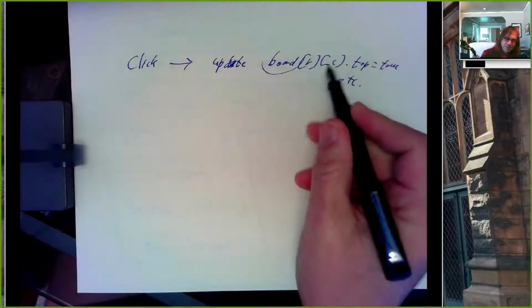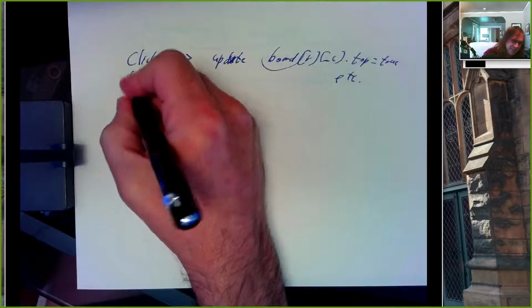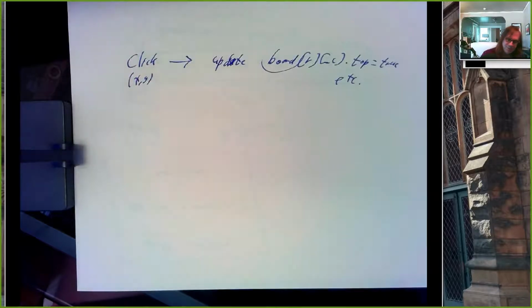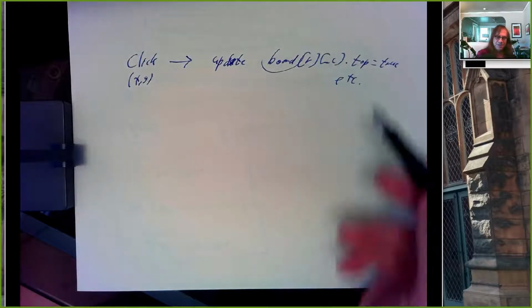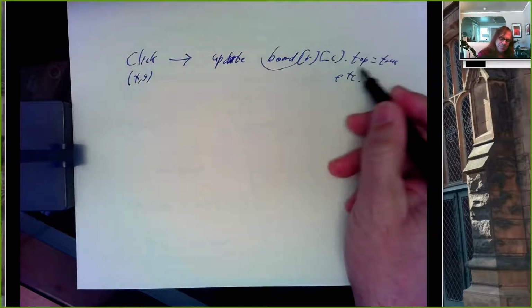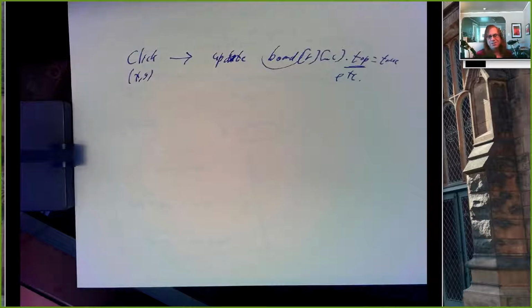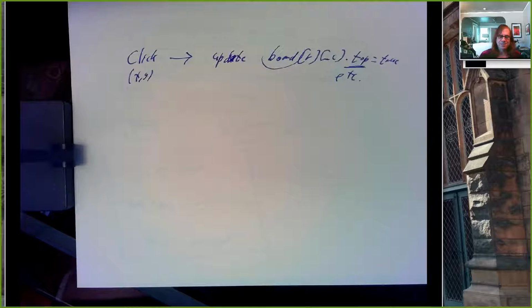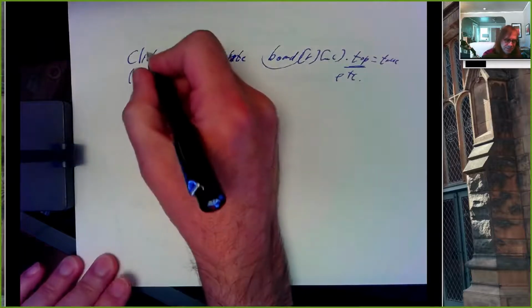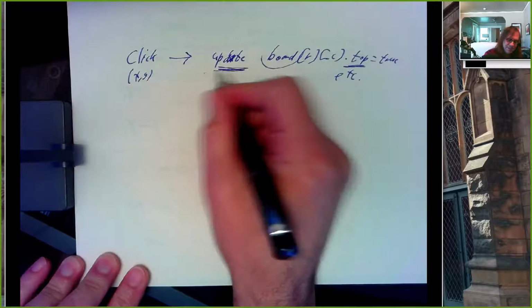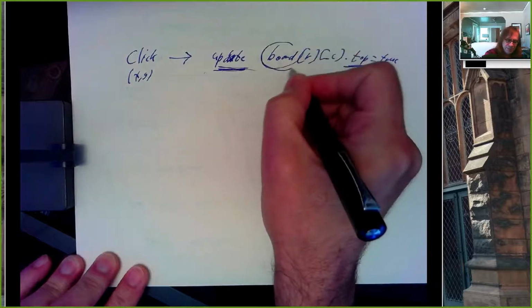You're going to go into the right row and column based on the XY position where you clicked. And you're going to figure out which edge you're looking at. You're going to look at the Boolean value for that, and if it's already true, that's an error condition. If it's false, you're going to set it to true. You're going to check to see if a box got completed. If it did, you're going to update the score. You're going to use your flags in a way to say it's still that player's turn, and so on. So your click really just reads and updates this board object.